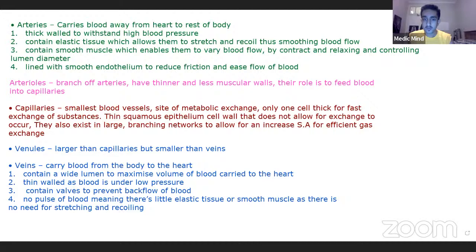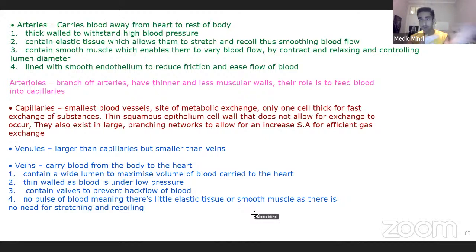What does no pulse of pressure mean? So pulse is basically a bounding pressure that you get from the stretch and recoil of an artery. If I go in and feel my radial pulse, which is here, you should be able to feel your radial pulse.